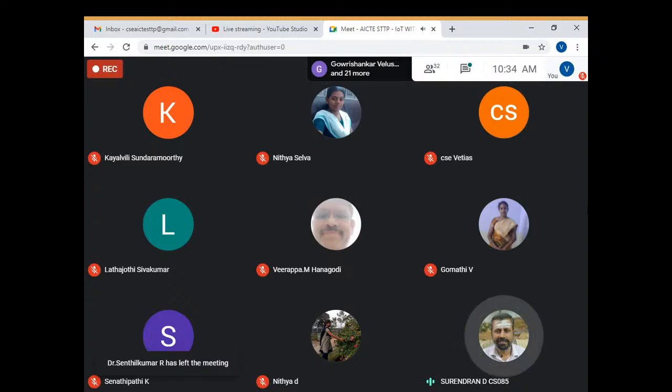Slide number 28, he was talking about the types of blockchain: consortium, public, and private. Senadipati has also joined now. Sir, will you finish up? Yes, please finish up, sir.